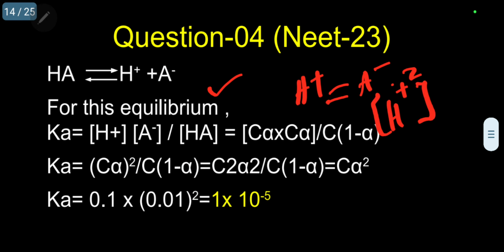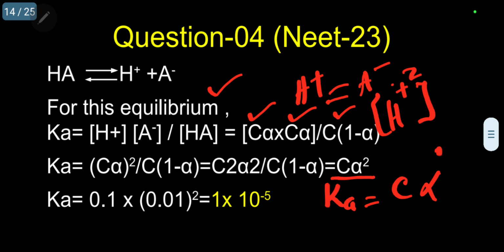For this equilibrium, Ka is H plus into A minus divided by HA, that is products by reactants. We know from the equation H plus equals C alpha, A minus equals C alpha, HA equals C into 1 minus alpha. You substitute and simplify, the final answer will be C alpha squared. So we only have to use Ka equals C alpha squared.